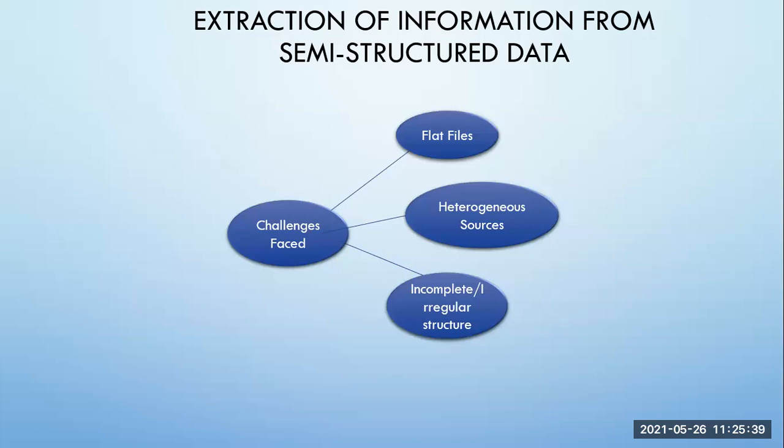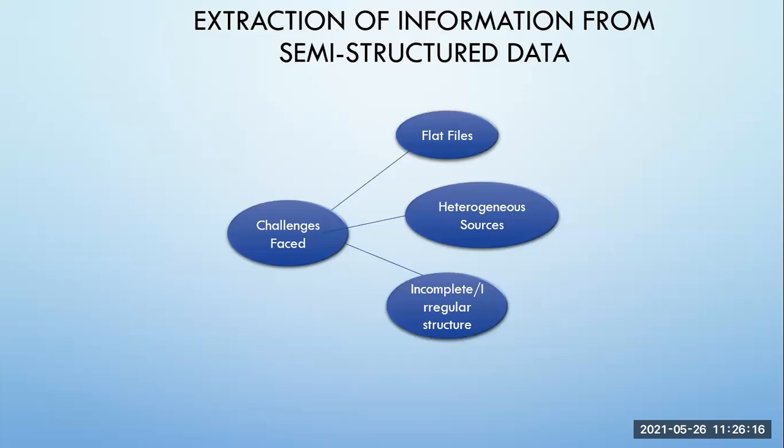The next one is heterogeneous sources. The data will be coming from different sources. Just now I told you about PDF files or document files, which are very difficult to handle, and it is also a problem deciding the final destination. So you can call it heterogeneous sources. Then the next one is incomplete and irregular structure. In semi-structured data, some structure is there and some unstructured part is also there.